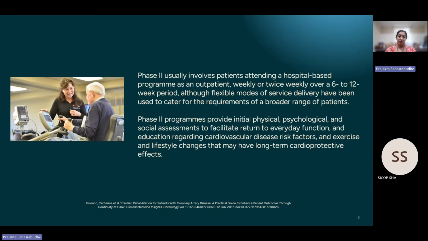So with that agenda in mind, we are making the strategy so that future episodes do not happen and the quality of life of the patient is improving. The patient is expected to make certain lifestyle changes, and towards those lifestyle changes we are preparing our patient. That is our phase 2 cardiac rehabilitation.